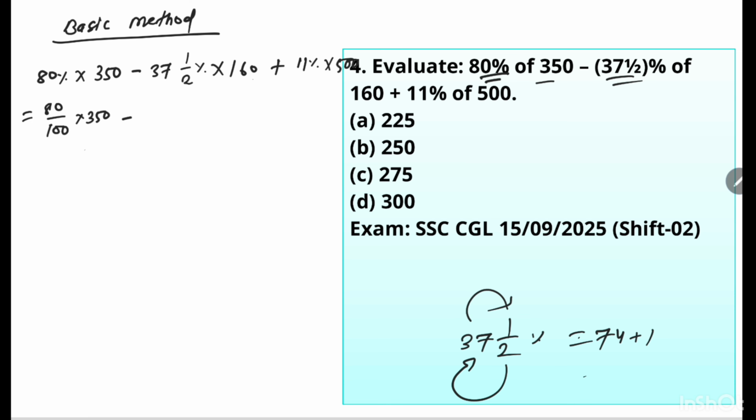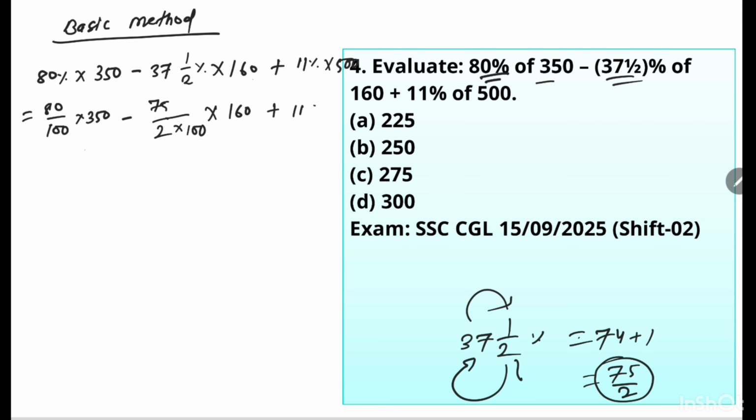So here 75 upon 2, this is in the form of percent. We will also write 100 here in the bottom of 160, plus 11 upon 100 multiplied by 500.